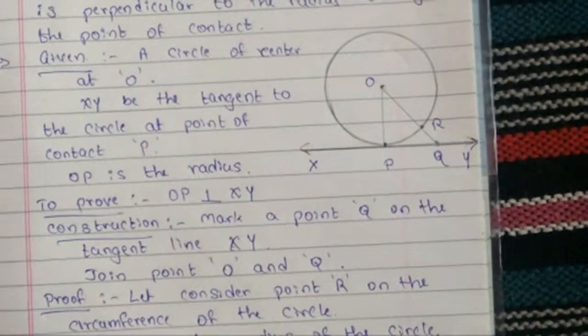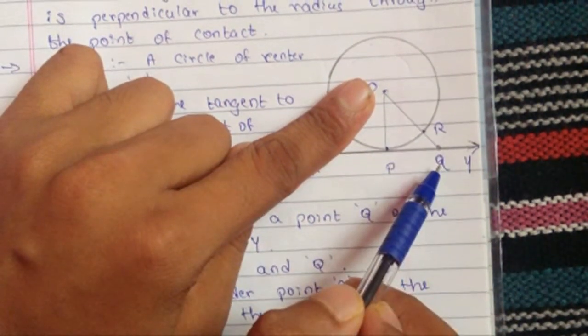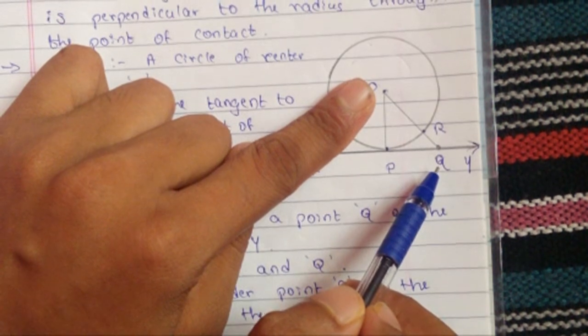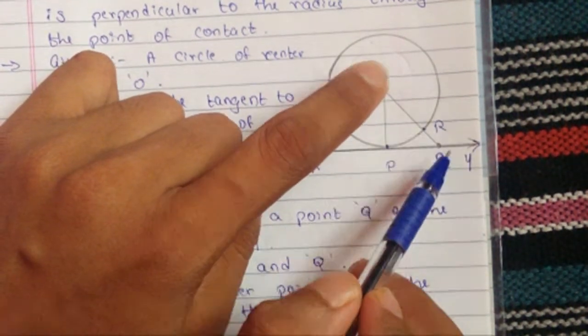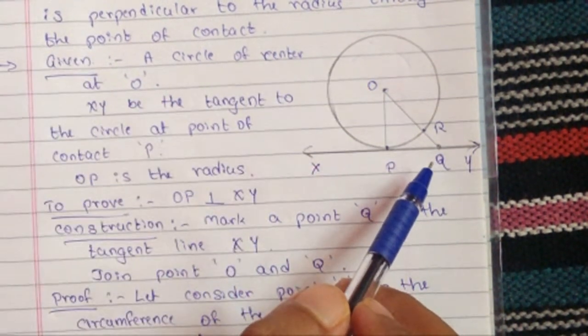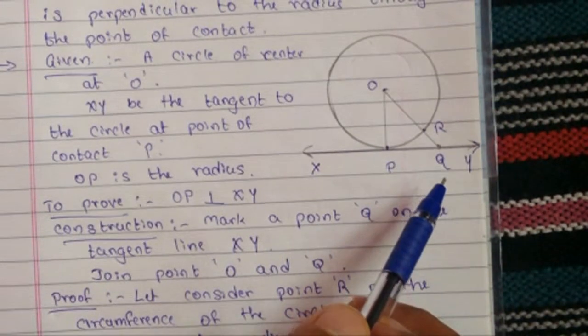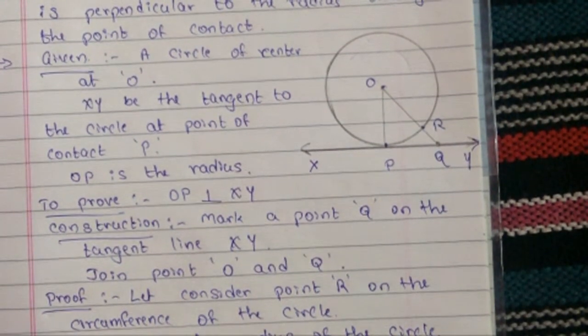Just see the diagram here. When you compare OR and OQ, which is larger? Comment me first. When you compare line OR and line OQ, which length is larger?